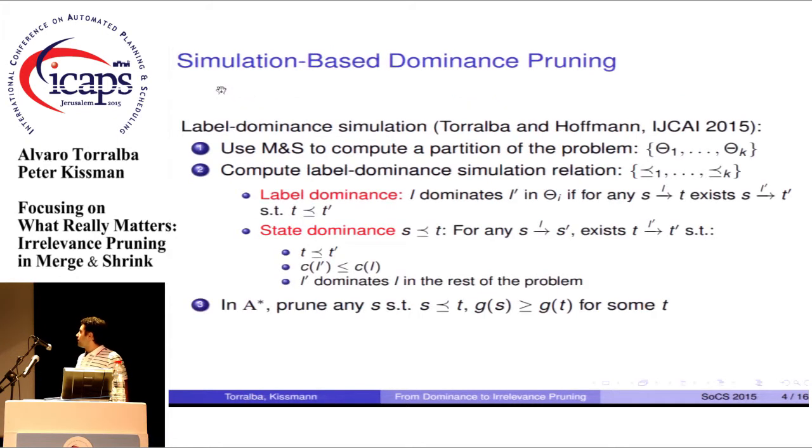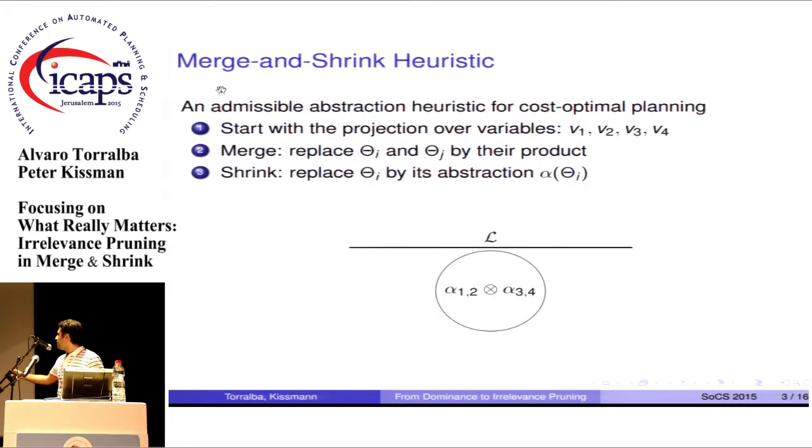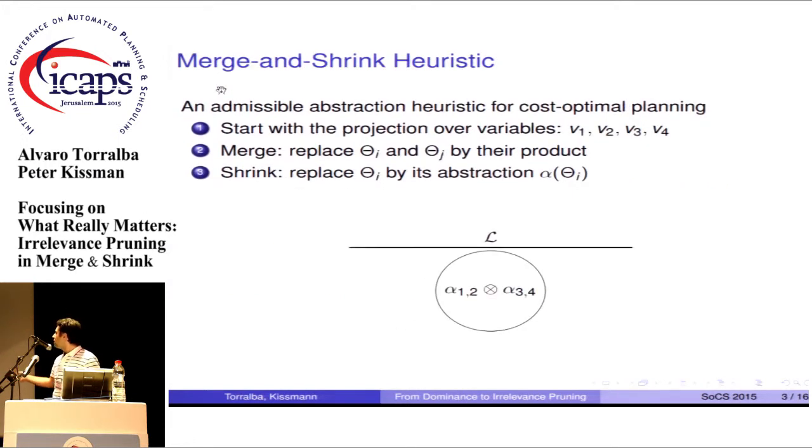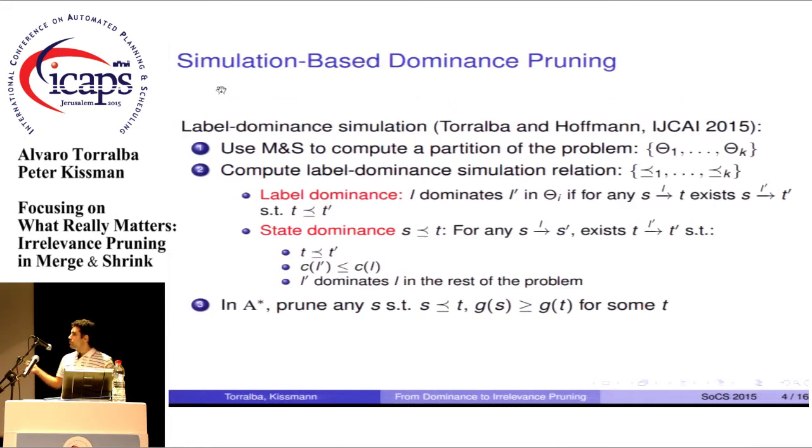The second ingredient is a method for dominance pruning that computes a label dominance simulation on this factored representation of the merge-and-shrink. Basically, it takes as input a set of transition systems, and you don't need to know the details, but what you need to know is that we compute a set of relations, and each of these relations has 2 parts.